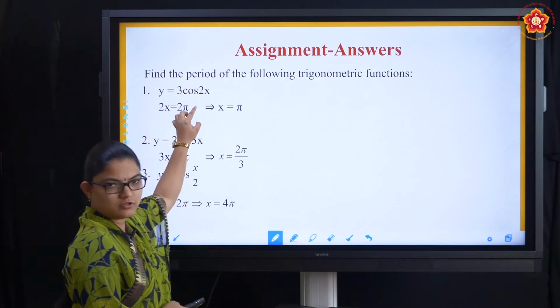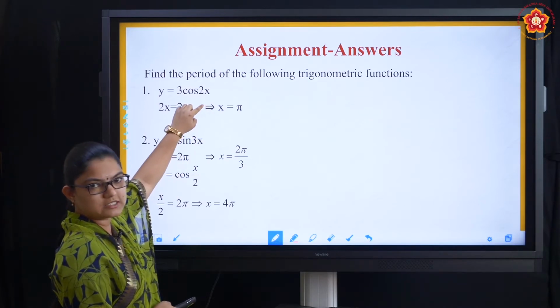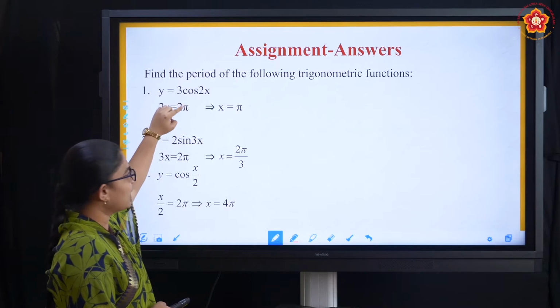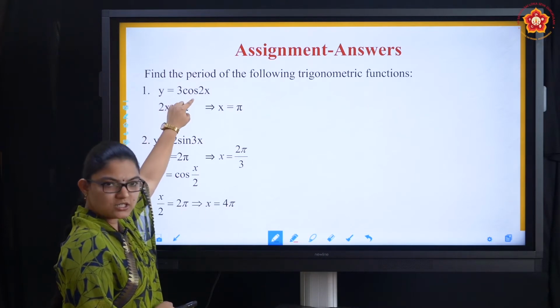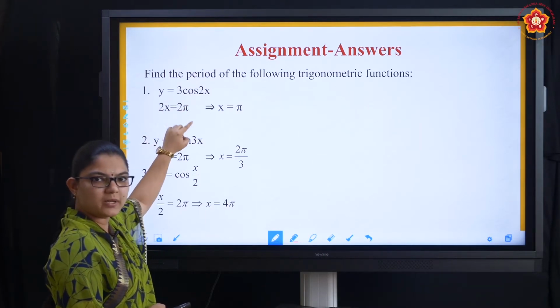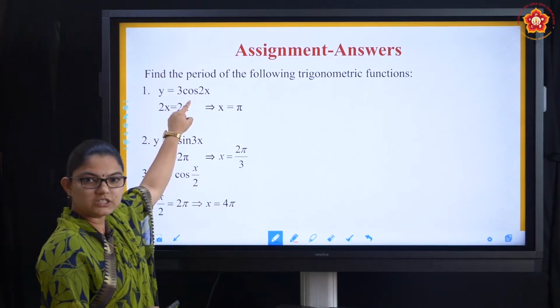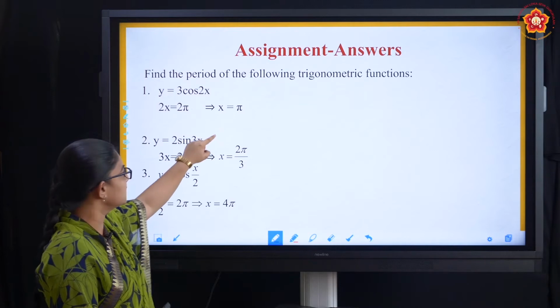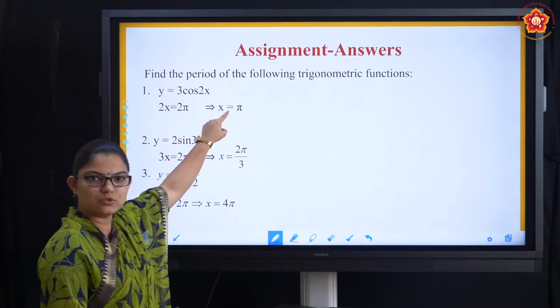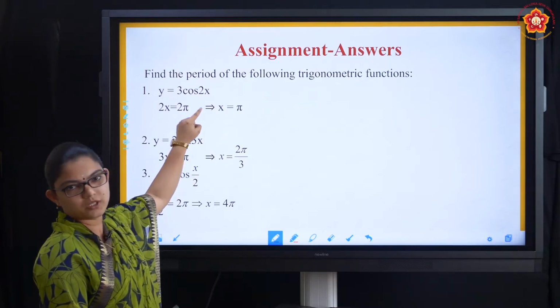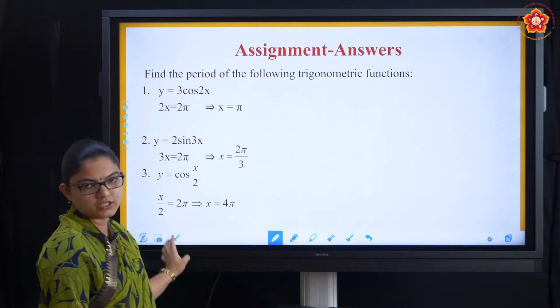Here we have cos 2x, so the coefficient of x is 2, so we divide the periodicity of the cos function, 2 pi, by modulus of 2. So 2 pi by 2 is pi. So pi is the periodicity of the given function.